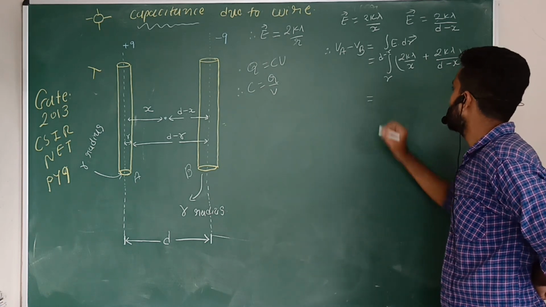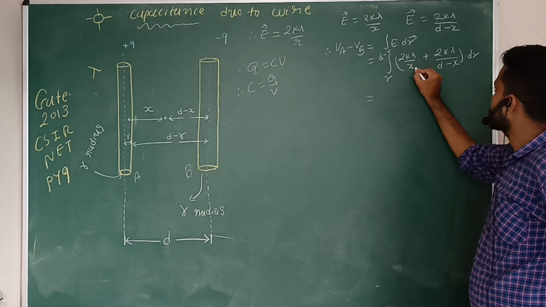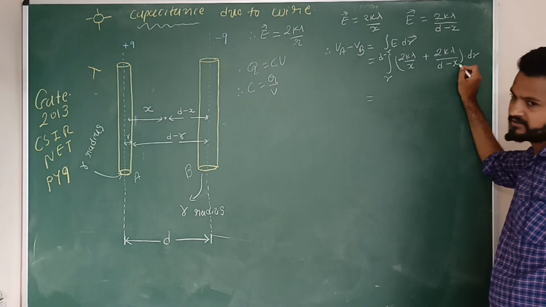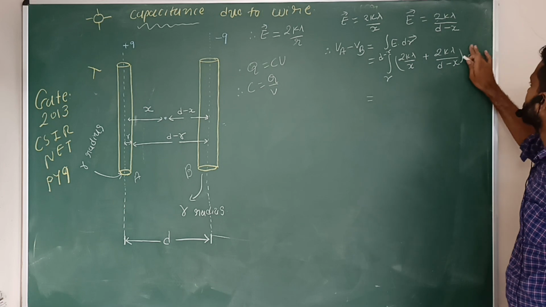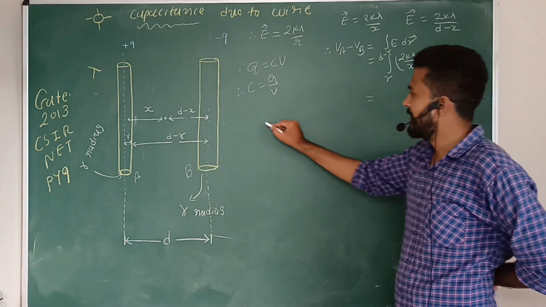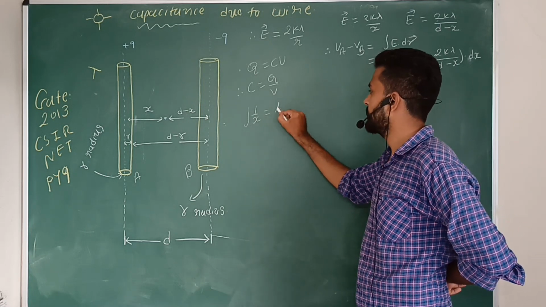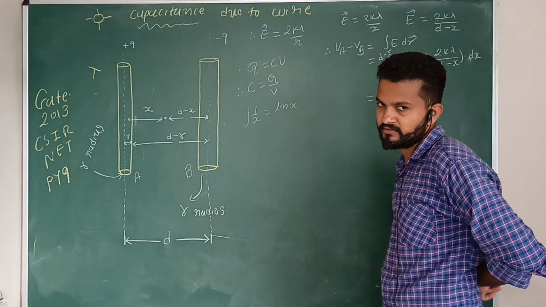So here we have 1 upon x and here d minus x, and this is dr, which means dx. We know the integration of 1 upon x will be ln x.